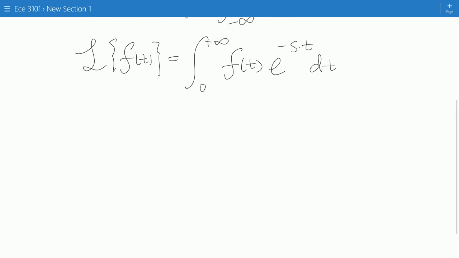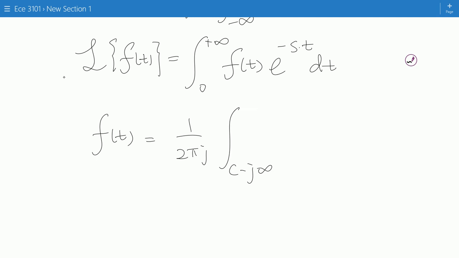And similar to the Fourier transform, we also have the inverse Laplace transform as well. And for the inverse, both the unilateral and bilateral share the same definition. Okay, 2 pi j is in fact a relatively complicated way to do the inverse transform than the inverse Fourier transform.